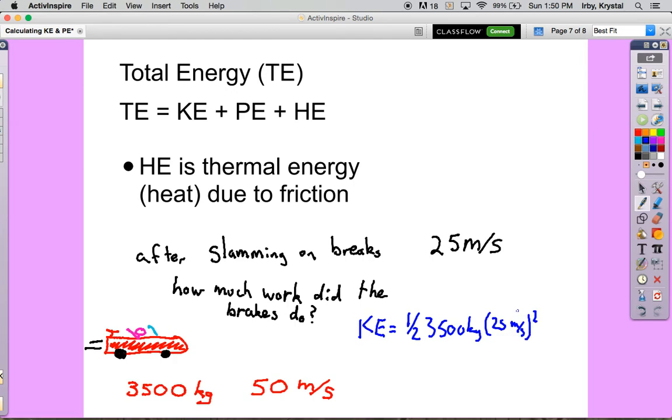So I do that. 0.5 times 3,500 times 25 squared.